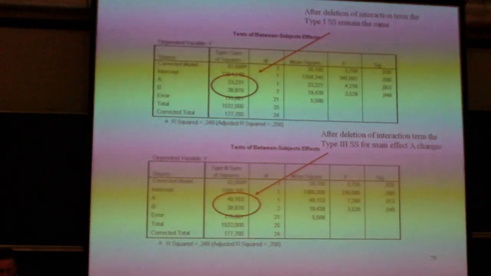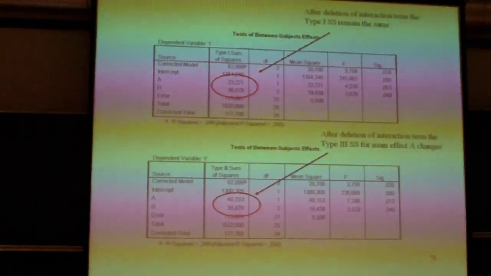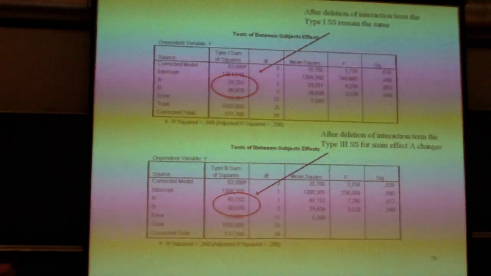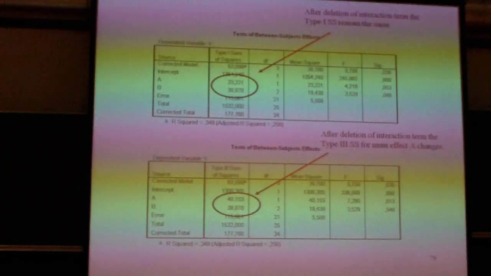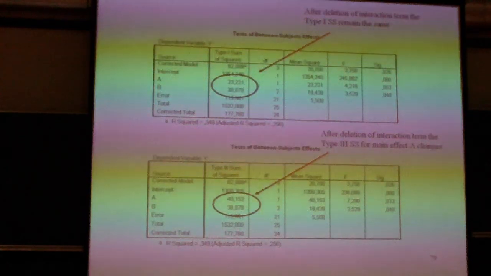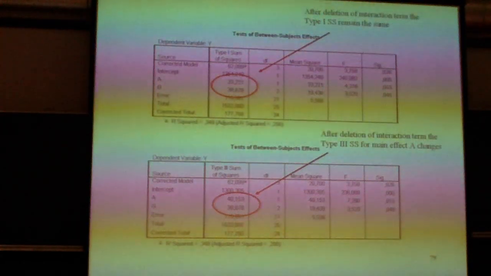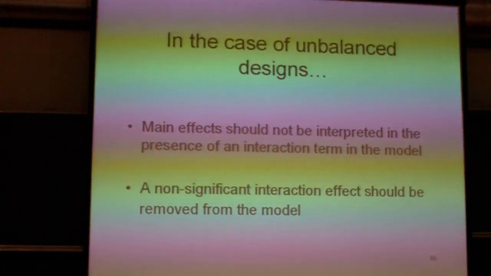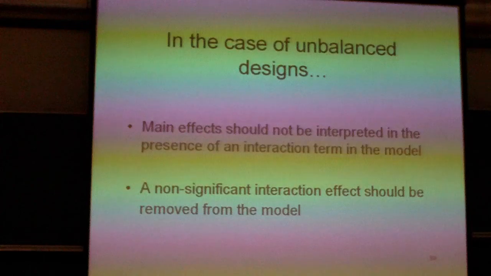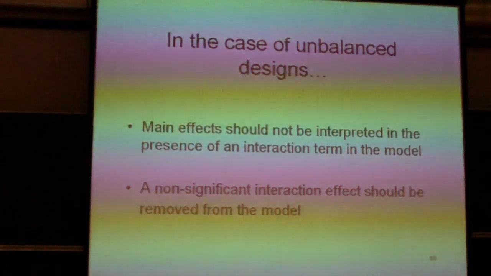So it makes a difference what sort of particular statistical correction you want to opt for. Once again, usually it will be considered desirable to make use of unique sums of squares, so the so-called type 3 sum of squares. But there are some cases where a hierarchical computation of sums of squares should be preferred.